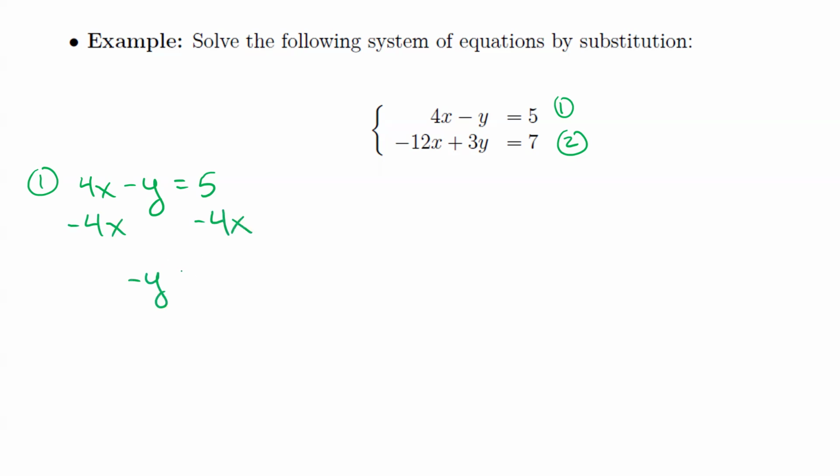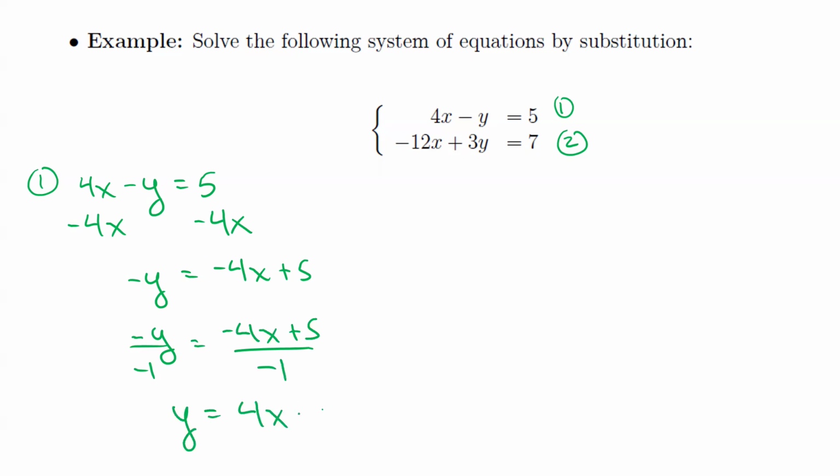So negative y is -4x plus 5. Divide by -1 on both sides. So y is equal to 4x minus 5. And we know the drill now.